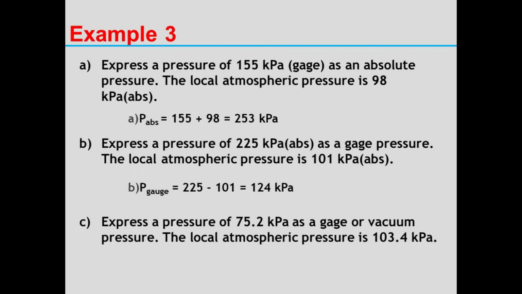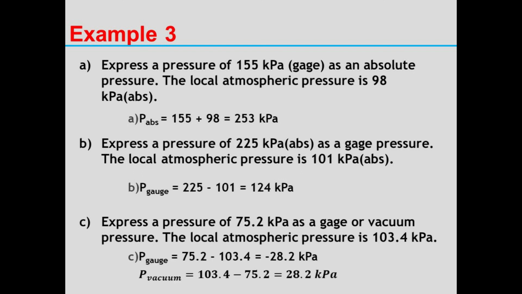So P gauge equal to P absolute minus P atmospheric. So we got the answer: 75.2 minus 103.4 equal to negative 28.2 kilopascal.